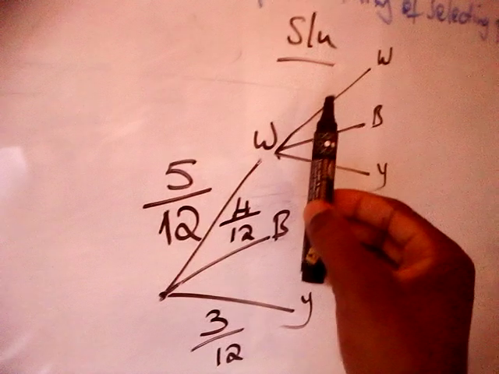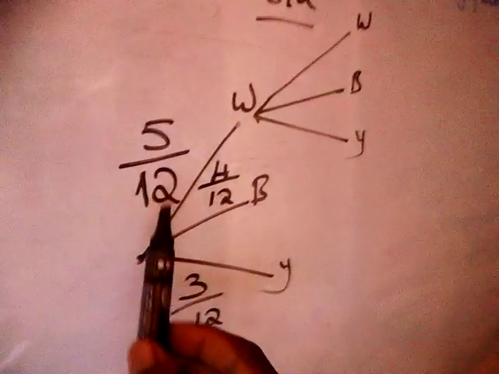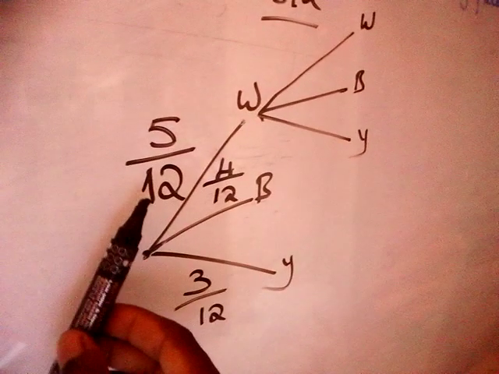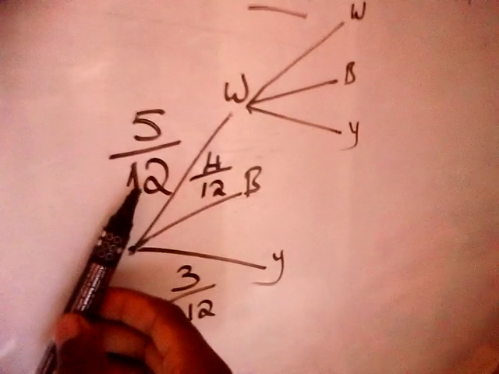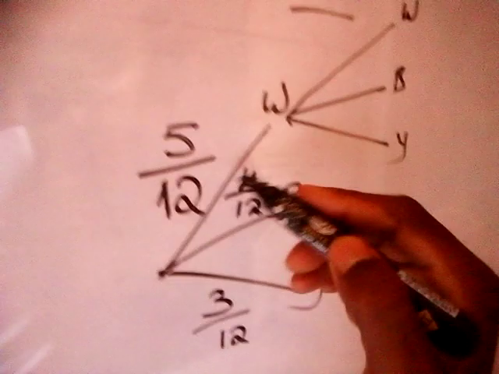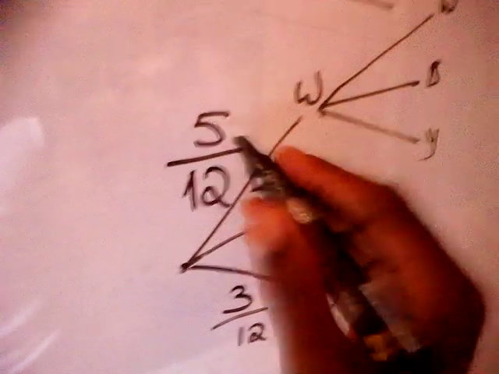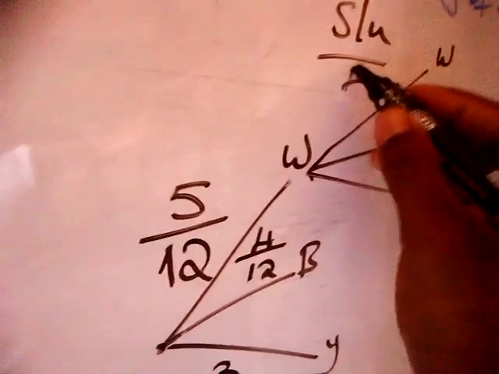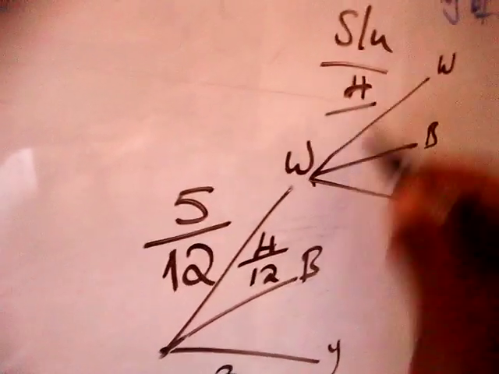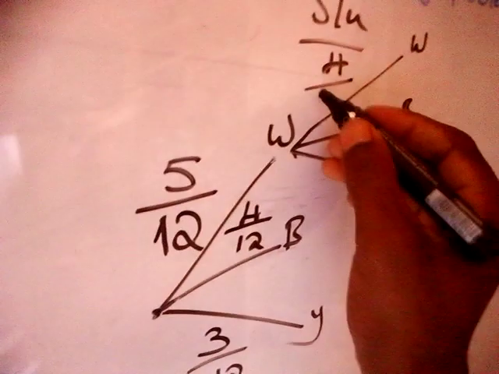Remember, when a piece of chalk was picked from the box, it was not retained, meaning the total number of pieces of chalk reduced from 12 to 11. So if it was a white, the white pieces of chalk reduced from 5 to 4. And at the same time, the total number of chalk in the box reduced from 12 to 11.